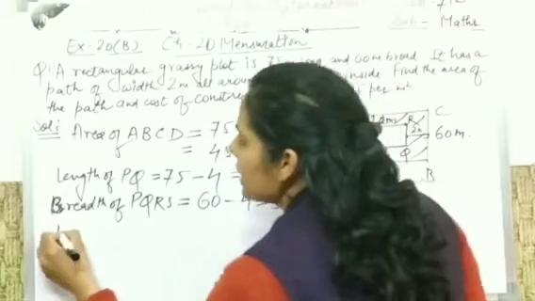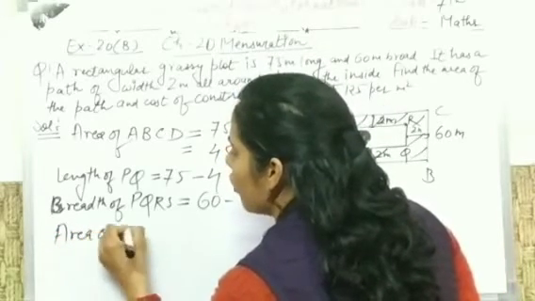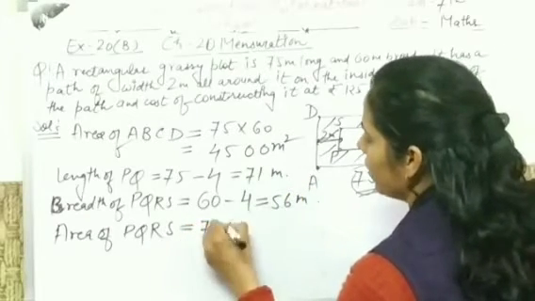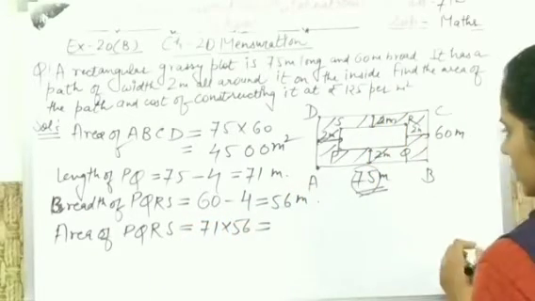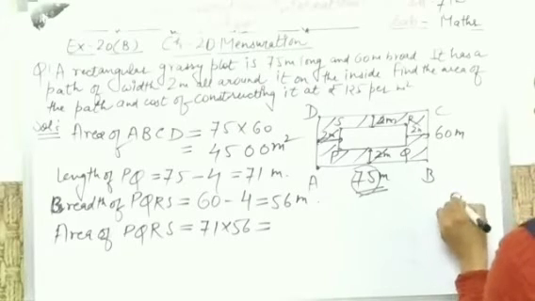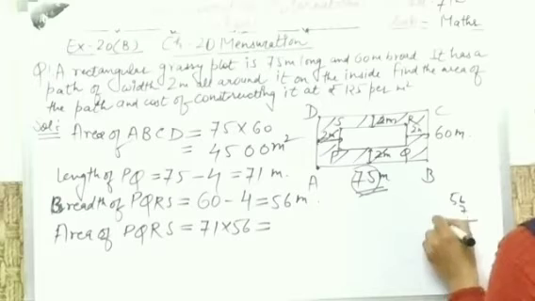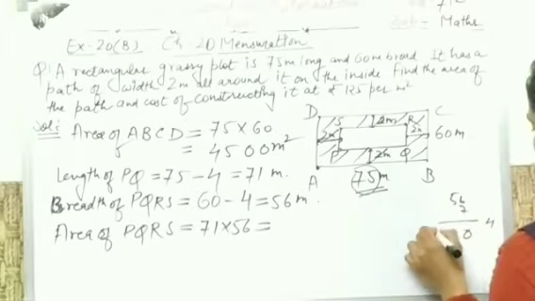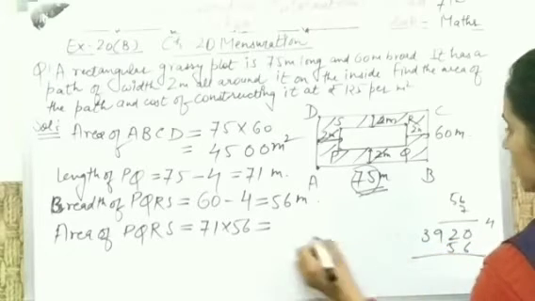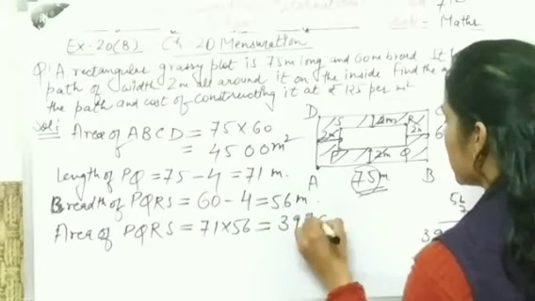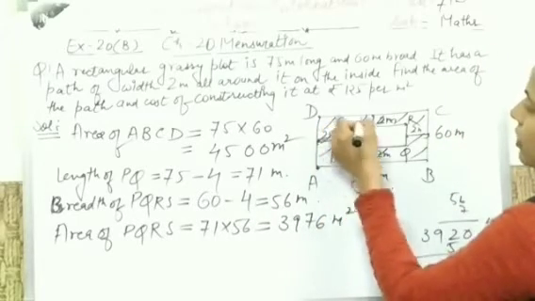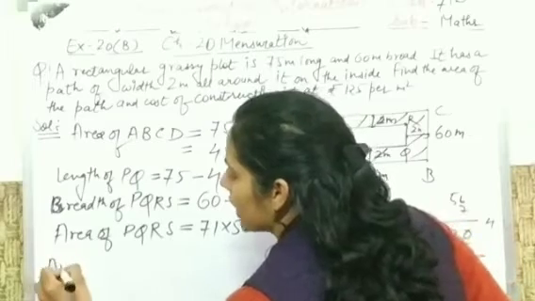Now we can find the area of PQRS, the inner rectangle, which is 71 into 56. So we will get 3976 meters square. But we have to find the area of the path.